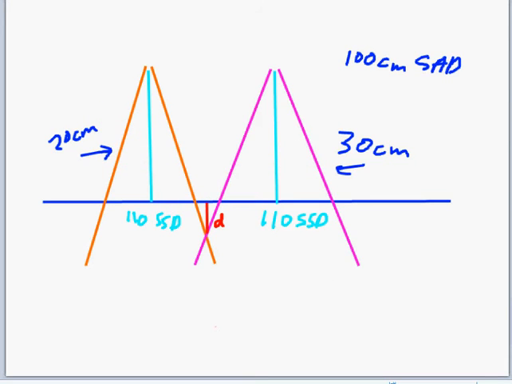All right, now I'm going to give you one more problem that I've seen on tests, and you're probably not likely to see this in the clinic, but it's something you might see in a test. So let's say that instead of 110 SSD, we're treating at 100 SSD. So both of these fields are 100 SSD.